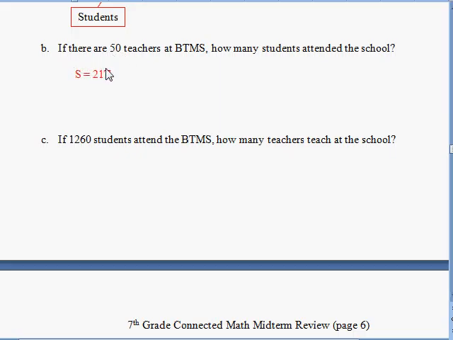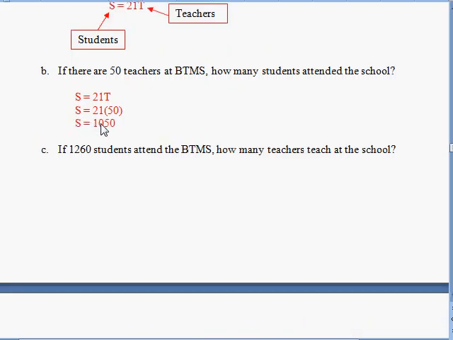So out of these unknowns, the S for students and the T for teachers, we know that there's 50 teachers. So we're going to plug that 50 in for where the T is. And remember, when you have a number smushed up against a parenthesis, that means multiply. And that brings us to our answer. There are 1,050 students, because it says how many students attend the school.